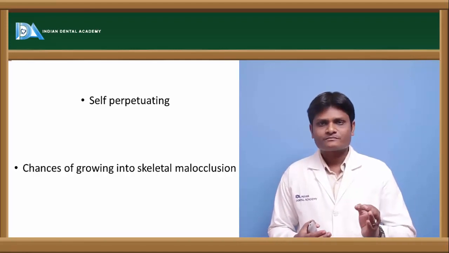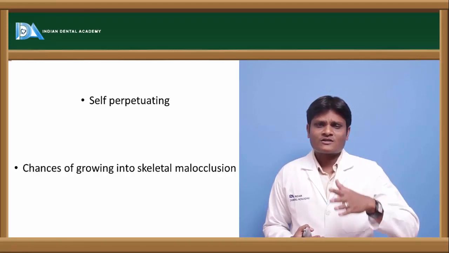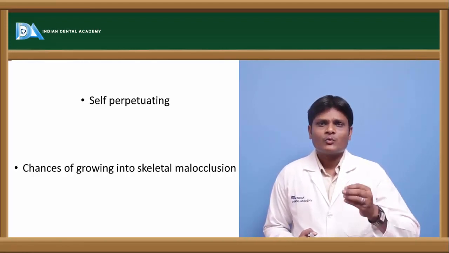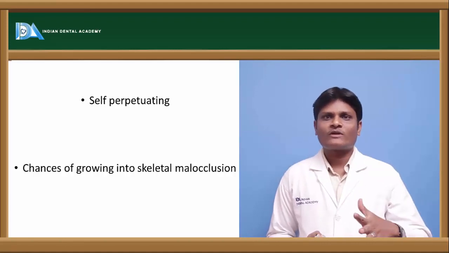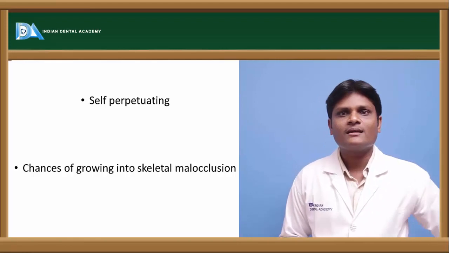That is why, as you come across crossbites in the anterior region, you have to treat them at that point of time to prevent them from becoming a more complicated class 3 malocclusion.